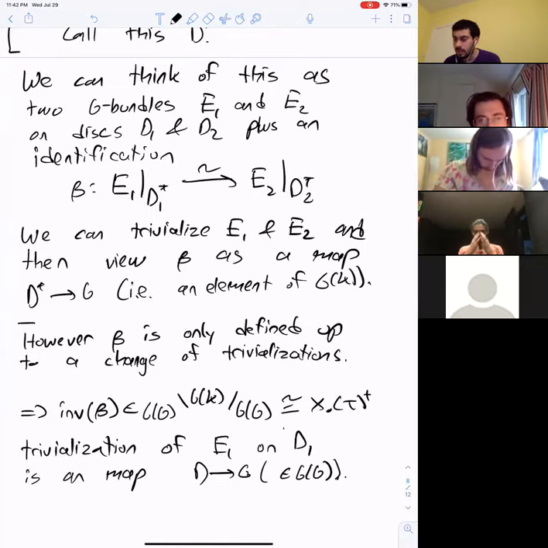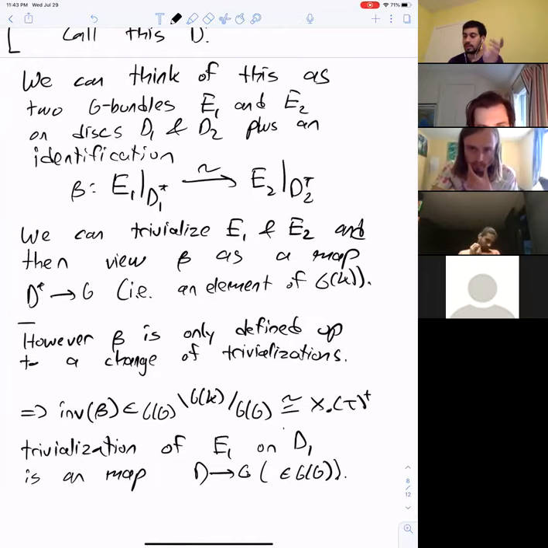So now, once we pick trivializations of both E1 and E2, we can view beta as a map from D star to G, because we can compose the trivialization of the punctured D1 with beta, with the trivialization of E2, and we get a map from G cross D star to G cross D star.